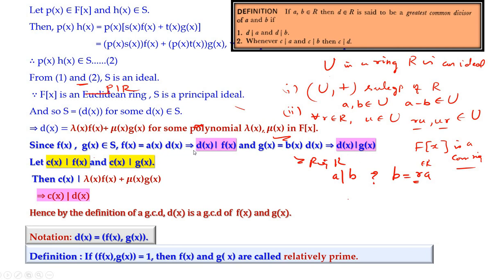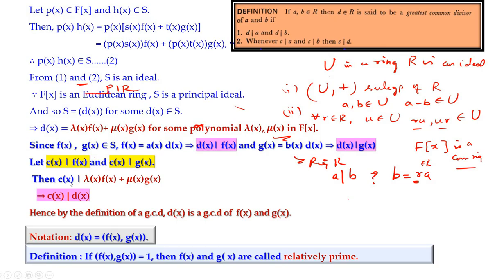Now why do we need to establish that? Our aim is to show that this is a GCD. GCD means: D is a GCD of A and B if D divides A, D divides B, and whenever C divides A and C divides B, C must divide D. This is the definition of GCD. So for that purpose this part is done, and now we consider c(x), the second condition. We consider c(x) dividing f(x) and c(x) dividing g(x).